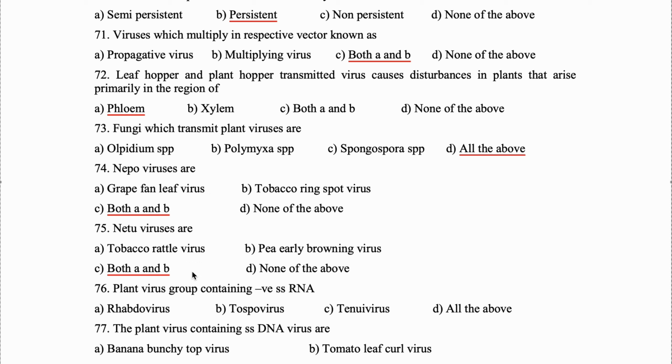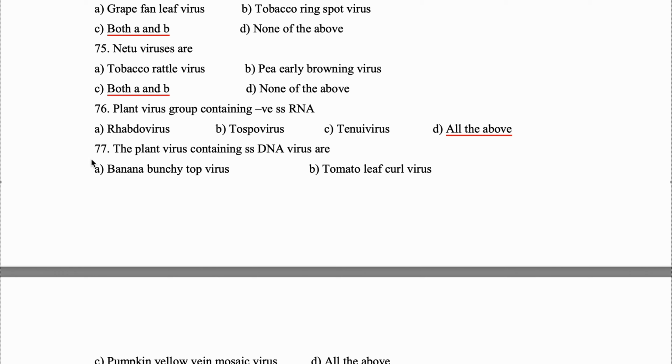All right. Next, question 76. Plant virus groups containing negative single-stranded RNA. Options are rhabdovirus, tospovirus and tenuivirus. All are correct. Question 77.